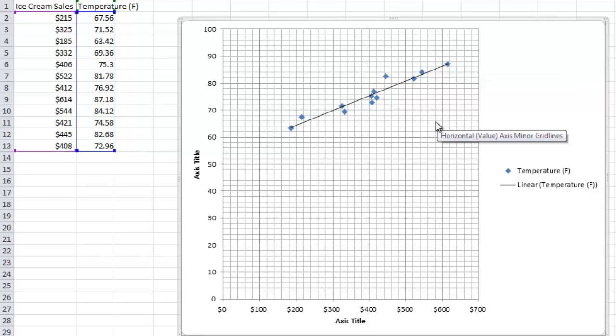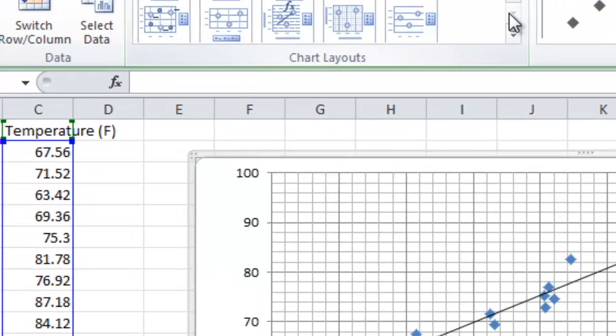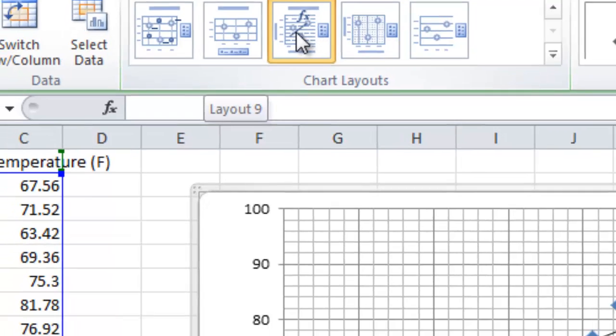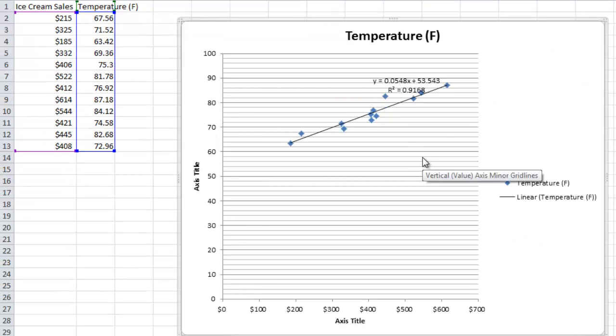Okay, but there's something else that might give us a little bit more information. There's one here that you notice has a little fx. That's in algebra, that's what we talk about as a function. So if I click on that, now look at what I've got.